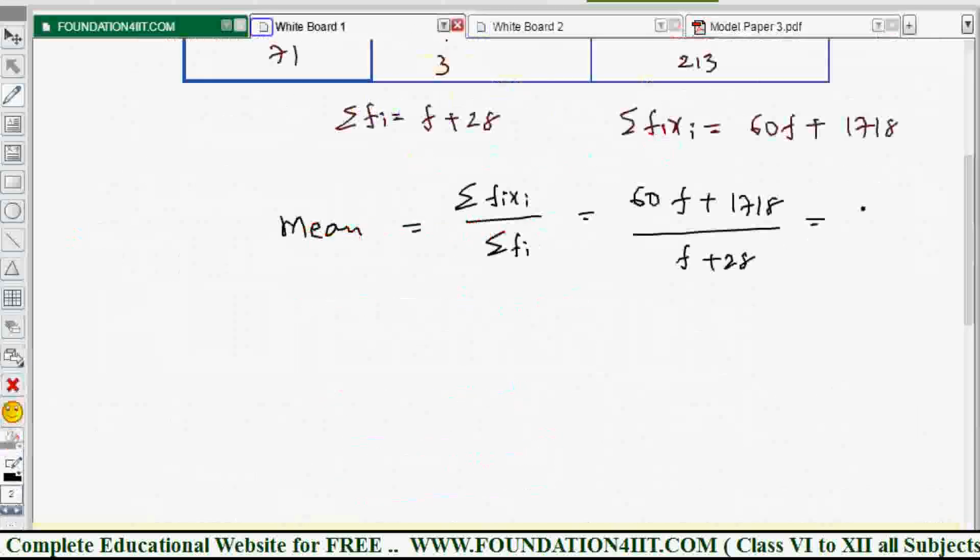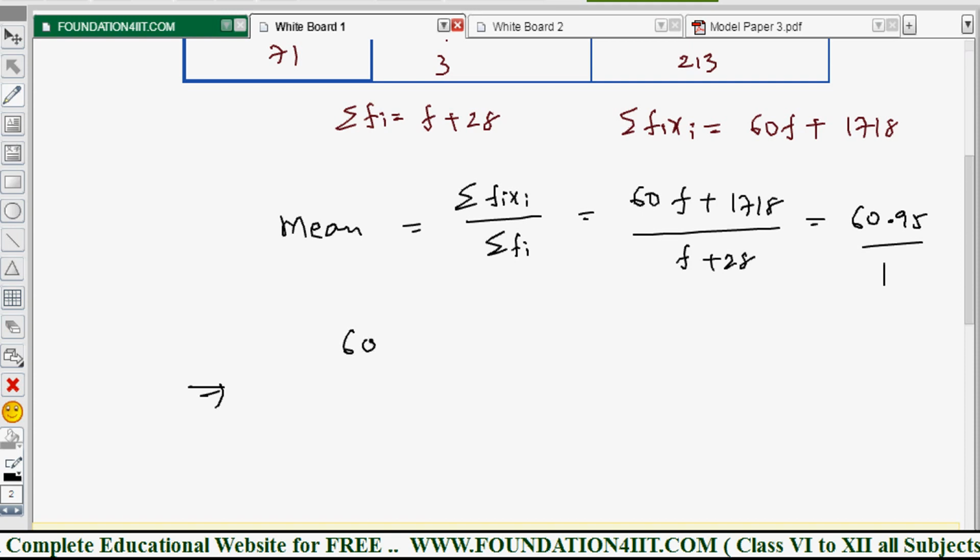Just simplify this. So 60.95 divided by 1, and do cross multiplication. To make a simple equation, 60.95 is converted into the fraction 6095 by 100, right?